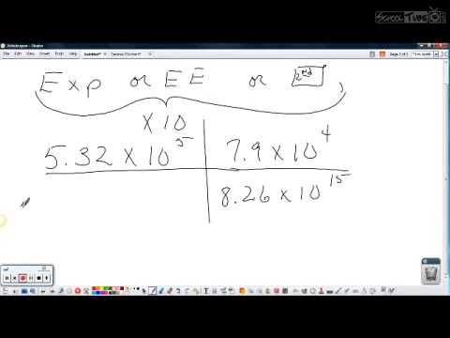So I'm going to say 5.32 EE 5. Once you hit the EE button, you're ready to put the exponent in. Now hit the times 7.9 EE 4. Whatever you have to do to get your EE.